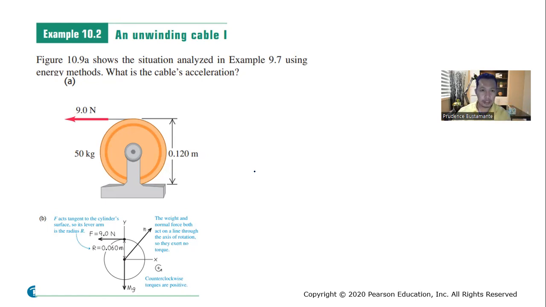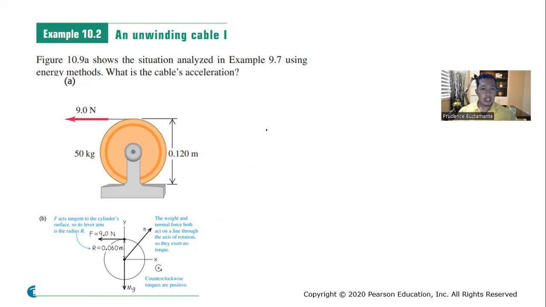If we draw the free body diagram, we have here the normal force. The weight and the normal force both act along a line through the axis of rotation, so they exert no torque. We have this direction, the weight, and we have here the force, which is 9 Newtons. We are given the radius, which is equal to 0.6 meters.